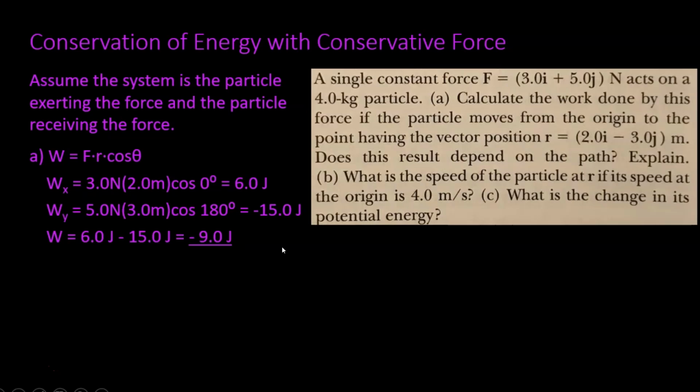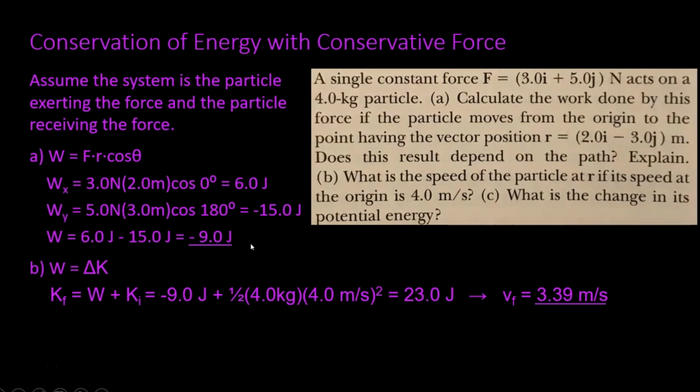Now on to B. What's the speed of the particle at R? Well, our kinetic energy is going to be changed by the amount of work that this force performs. We need to find the final kinetic energy in order to find the final velocity. So we take this equation and we find that the final kinetic energy is equal to the work plus the initial kinetic energy.